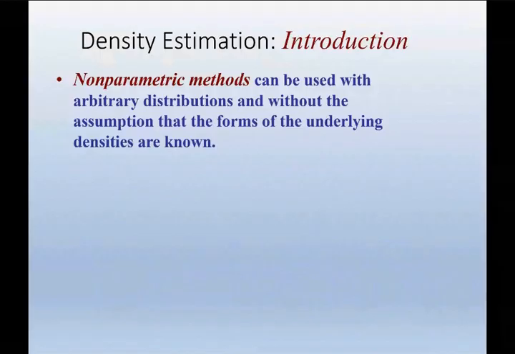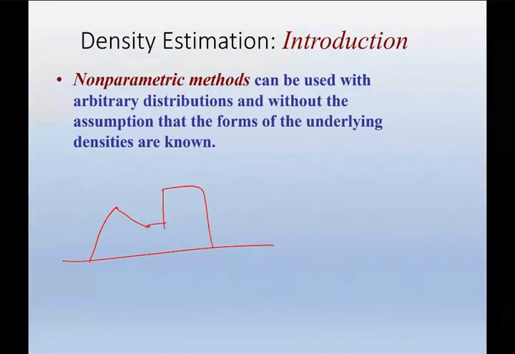Non-parametric methods can be used with arbitrary distributions and without the assumption that the forms of underlying densities are known. So you can have any kind of shape. Suppose I have this shape as my distribution. There is no regular shape here.